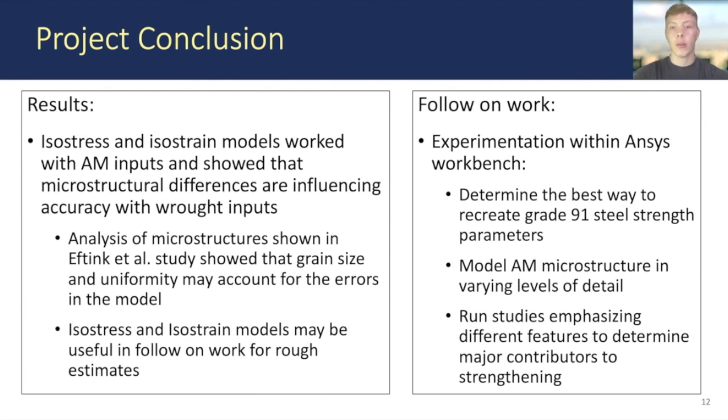Future work on this project might consider further work with FEA, replicating the strength of the heat-treated samples in Ansys and modeling the additively manufactured microstructures at varying levels of detail to emphasize and investigate the effects of different features.